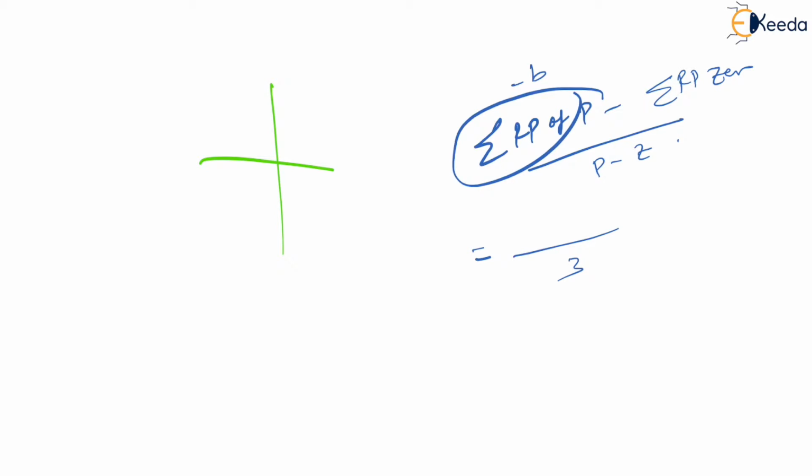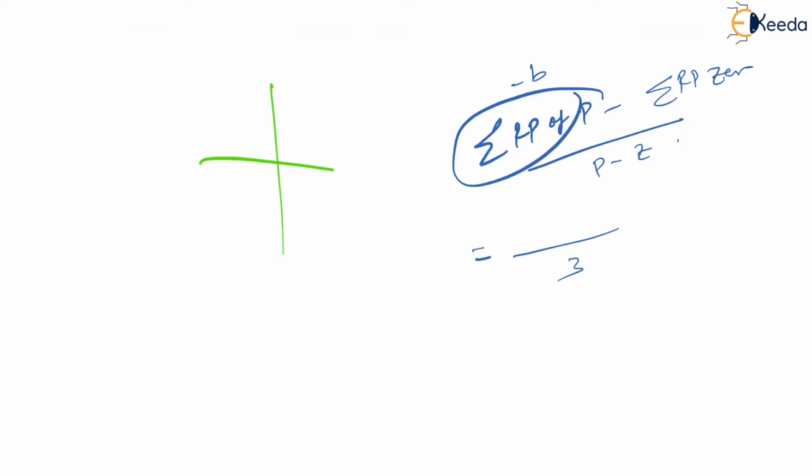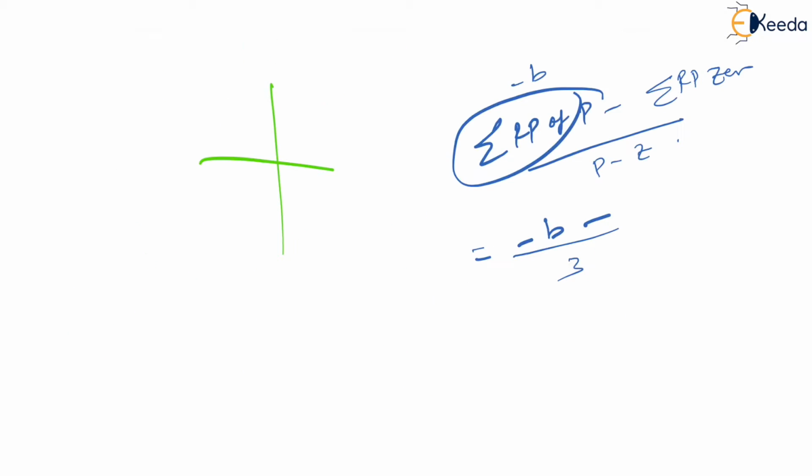What is the real part of the pole? The pole is s plus b equal to 0, so s is equal to minus b is the pole. So the sum of real parts of poles is minus b. Then, summation of real part of zeros. Where is your zero? Zero is s plus a, so s equal to minus a is the zero. Right?